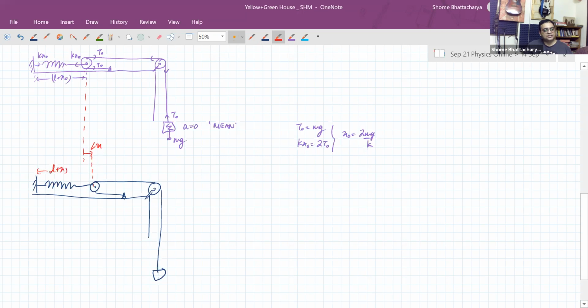So now this has become L plus x, where x is equal to x0 plus delta x.